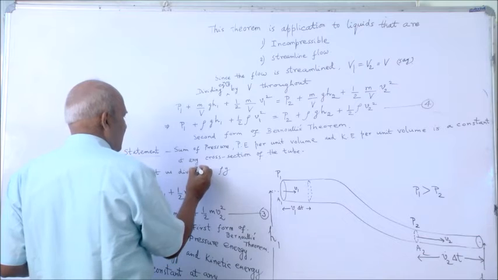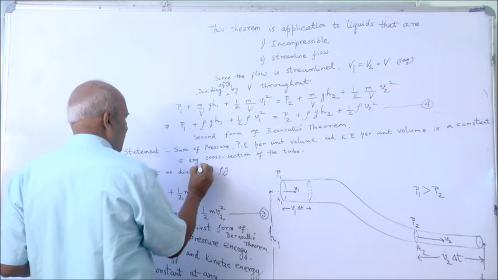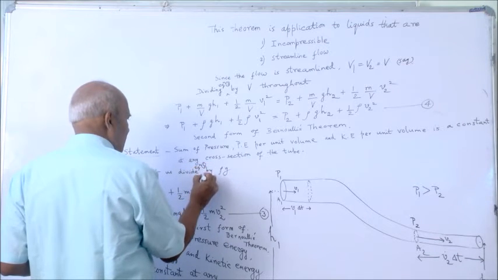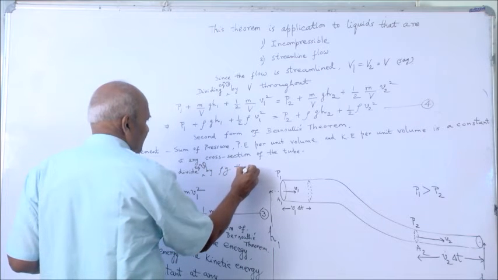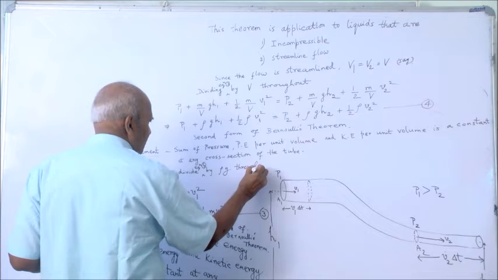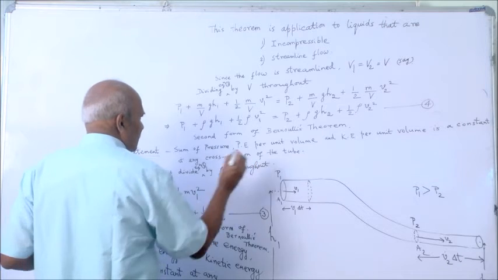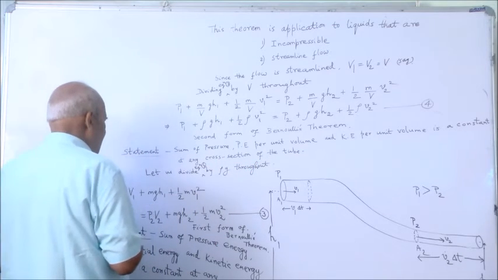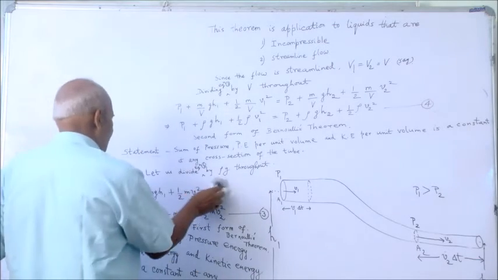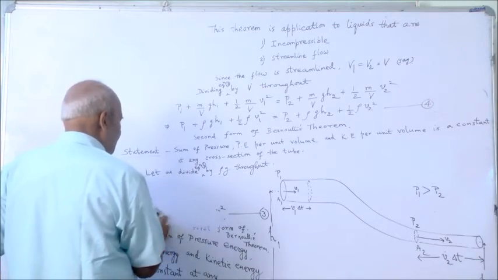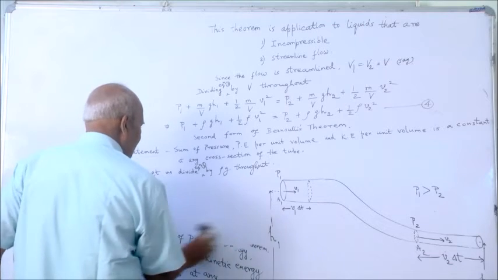Let us divide equation 4 by rho g throughout. Each term is to be divided by rho g. Then what will happen?